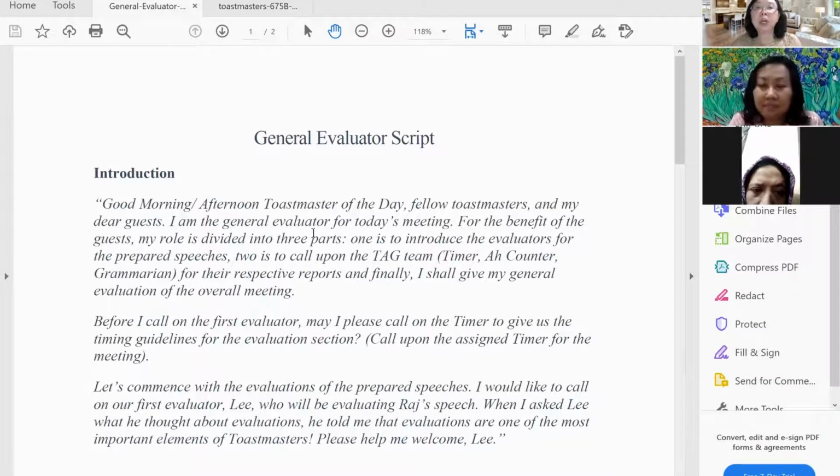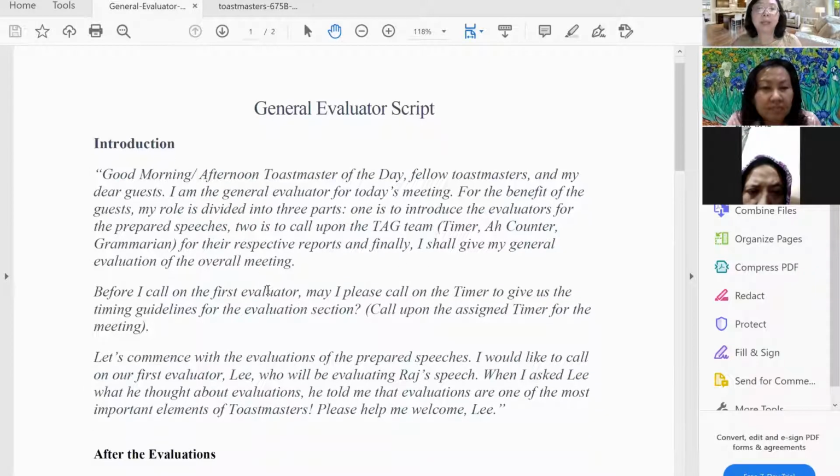I am the general evaluator for today's meeting. For the benefit of the guests, my role is divided into 3 parts. 1 is to introduce the evaluators for the prepared speeches. 2 is to call upon the timer, counter, grammarian, and ballot counter for their respective reports. And finally, I shall give my general evaluation of the overall meeting.